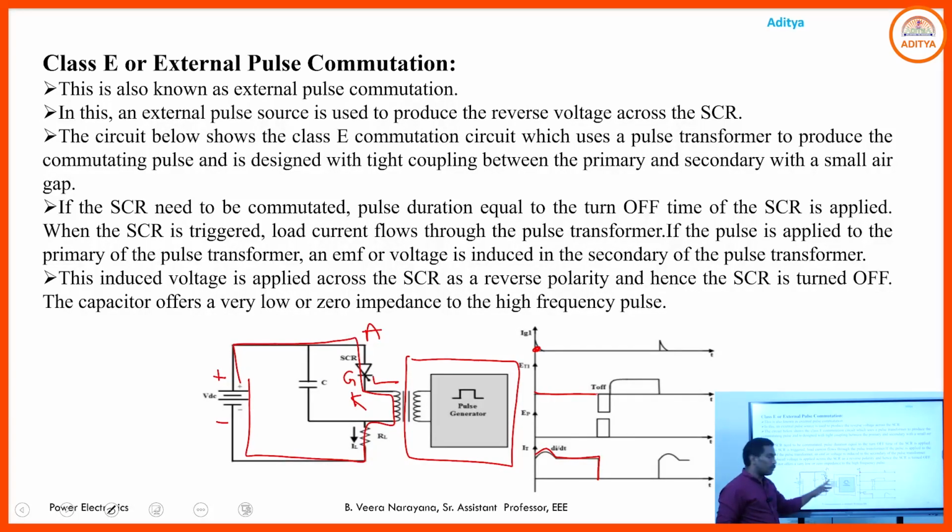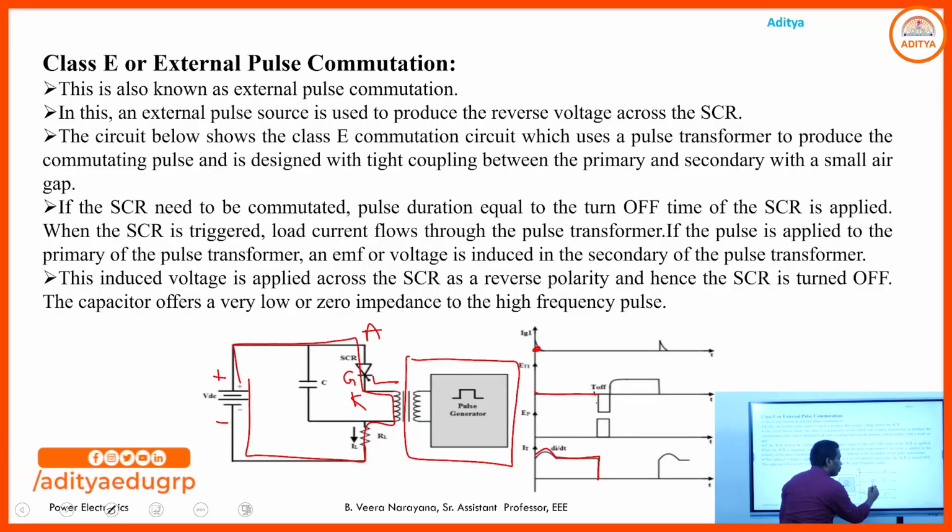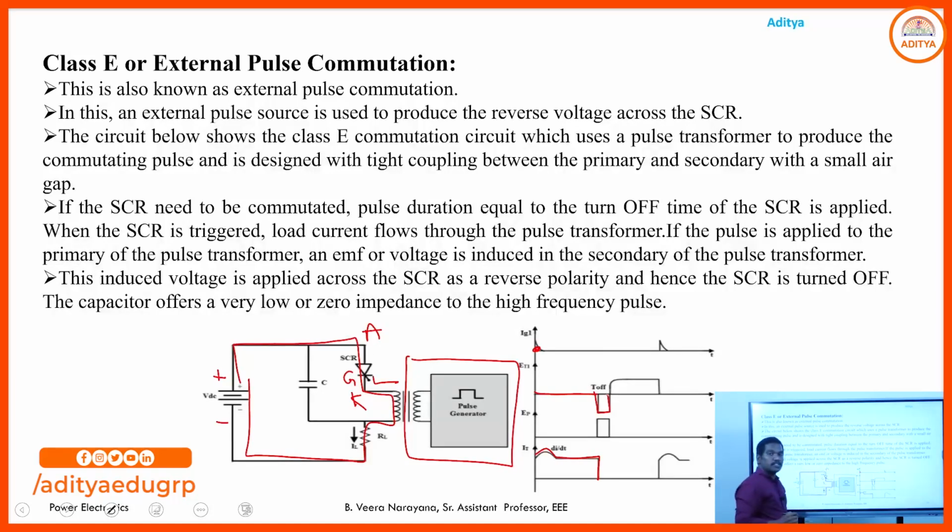We provide the signal to the gate and cathode terminals, so that the voltage available across this pulse transformer appears as the reverse voltage across the thyristor. This reverse voltage across the thyristor is used to turn it off.